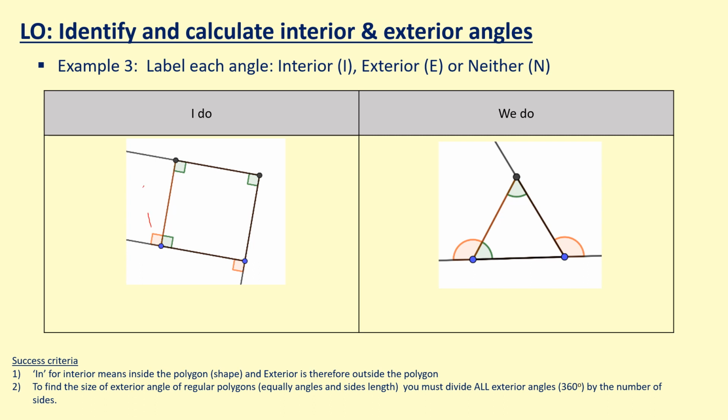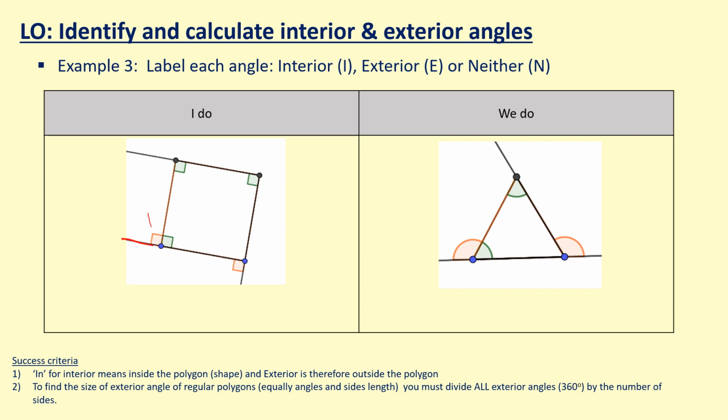So here we have exterior. Sorry, my apologies. It would be, and I'm sure you've said it to yourself already, interior. Because, as you can see, it's trying to trick me with the colouring because we've been using red and green up to now. So don't let that fool you.